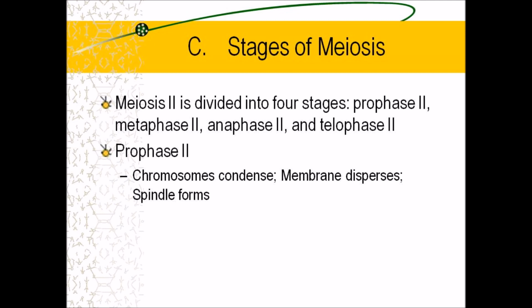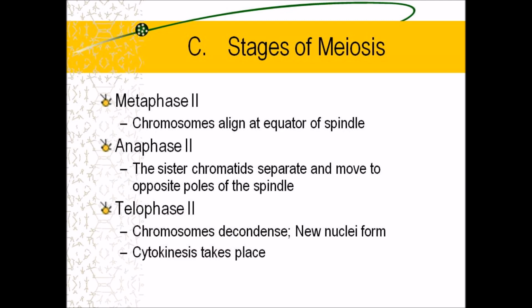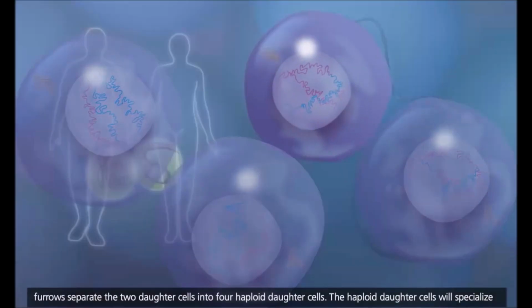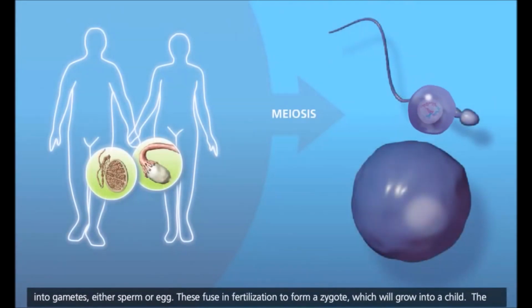So in conclusion, in meiosis 2, we have another 4 stages, which are prophase 2, metaphase 2, anaphase 2, and telophase 2. And it ends with cytokinesis, where you have 4 haploid daughter cells. The haploid daughter cells will specialize into gametes, either sperm or egg.